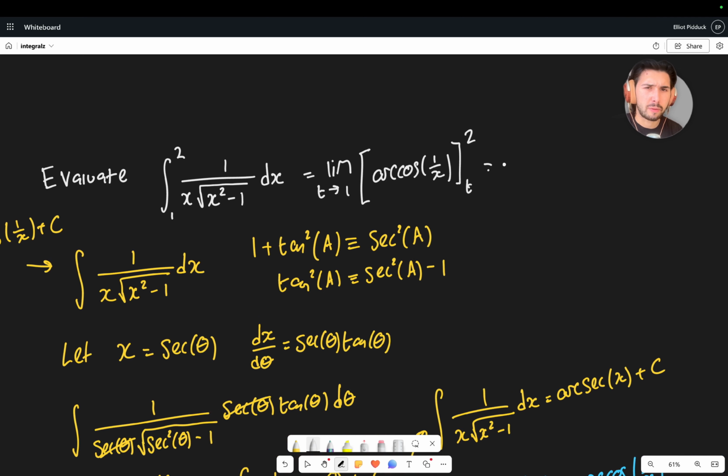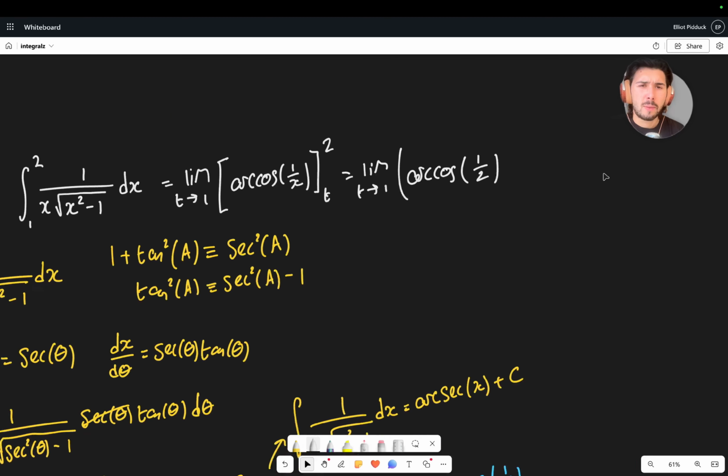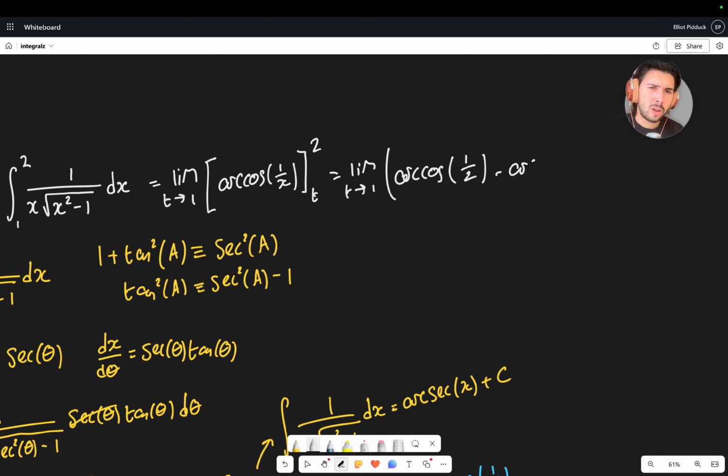And this is easy stuff now, guys, because this is just the limit as t approaches 1 of arc cos of 1 over 2, plugging 2 in that, minus arc cos of 1 over t, like that. Now, this is then the limit as t approaches 1 of, well, what is arc cos of a half? Well, arc cos of a half is pi over 3 because cos of pi over 3 is a half.